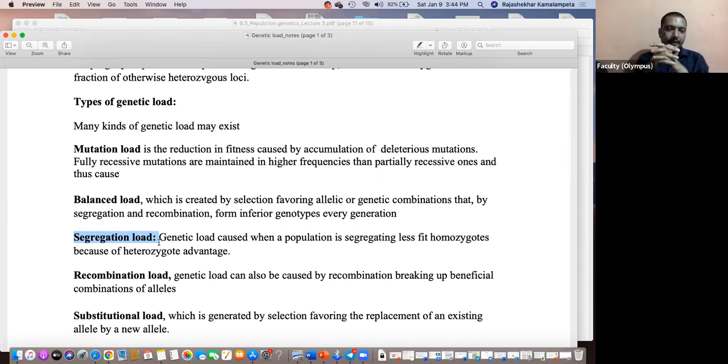So let's say parent A contains one normal allele and one mutant allele, because we have two copies of alleles for every gene. So there is a normal and a mutant allele in that person. But when gametes are formed, we will have one gamete carrying the normal allele, another gamete carrying the recessive or mutant allele. Segregation has an equal possibility of separating the normal allele and the mutant allele.